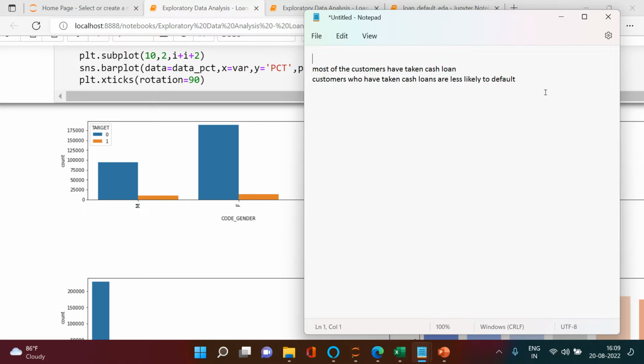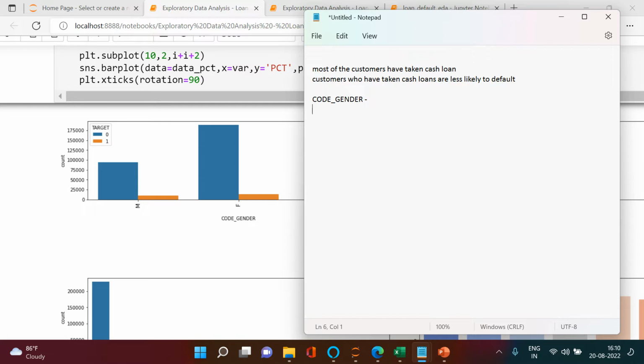So I will just write it down for code gender. You also do the same thing, or if you have already done it, just compare it with whatever we are observing over here.